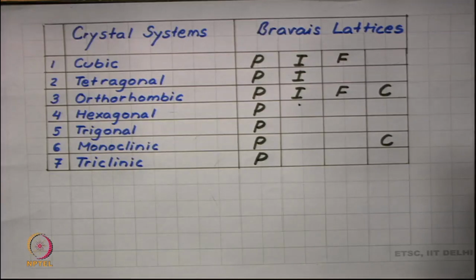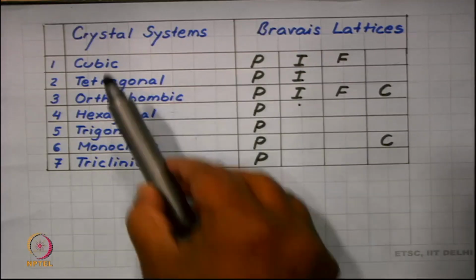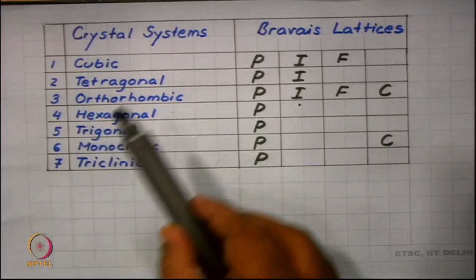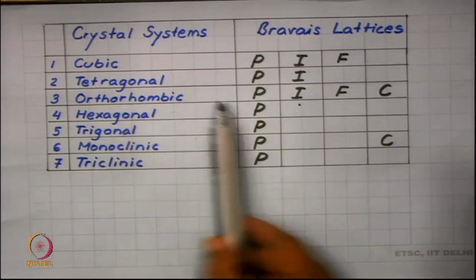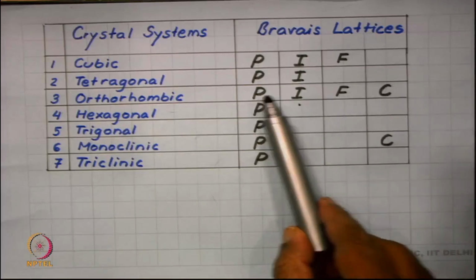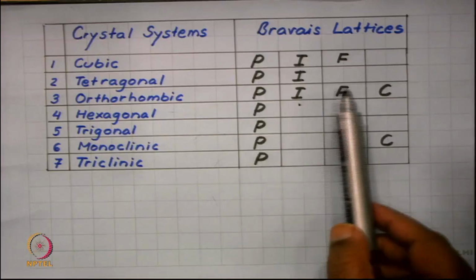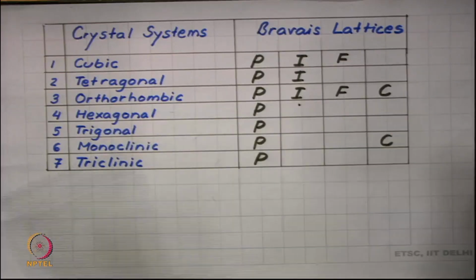So, we can see that 7 different crystal systems are there, and in each crystal system, like in orthorhombic, 4 possible Bravais lattices could have been there, P, I, F and C, but only orthorhombic has all 4.